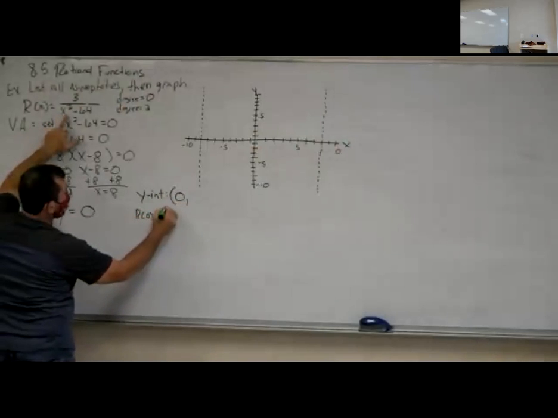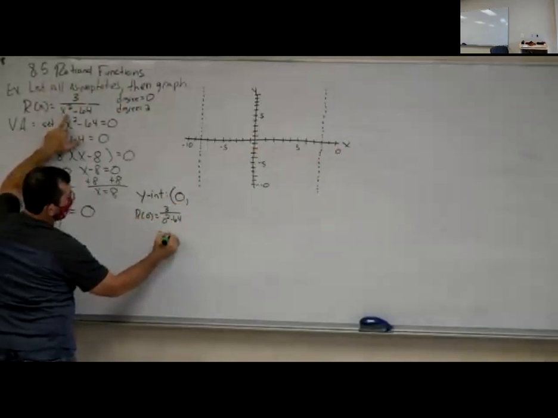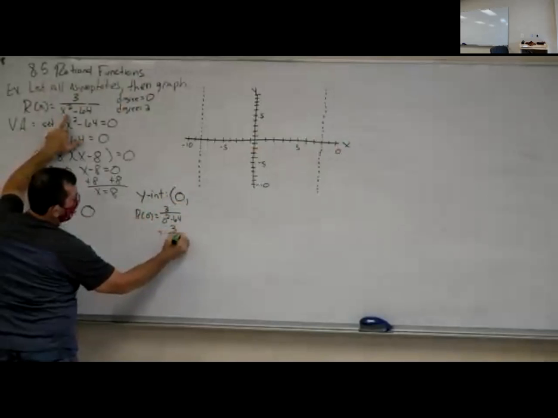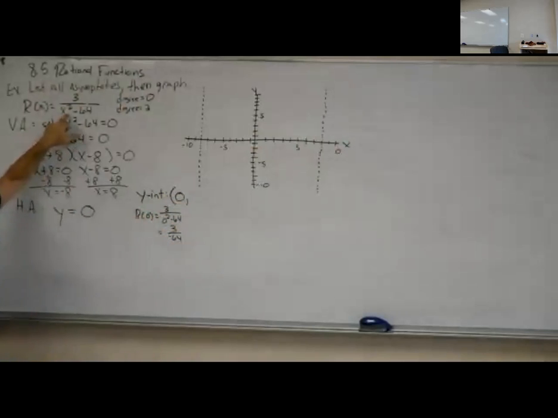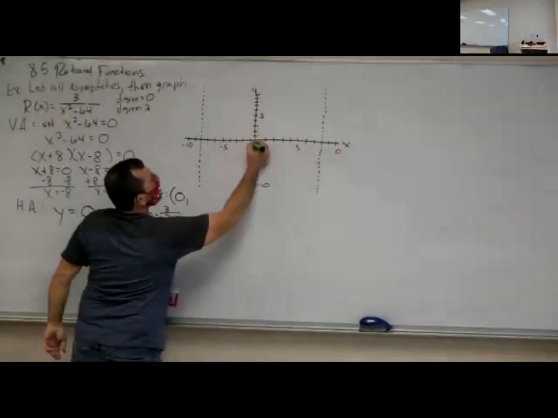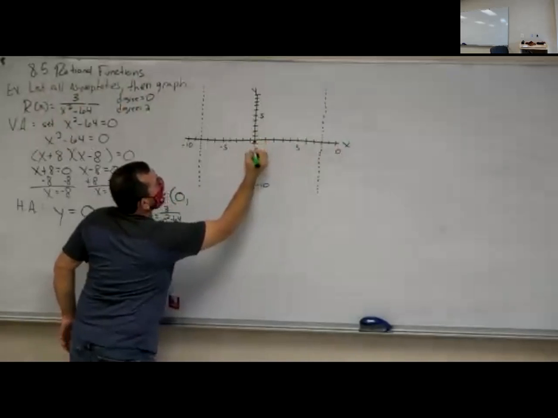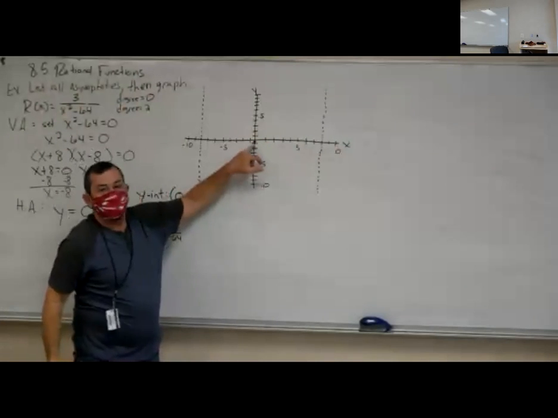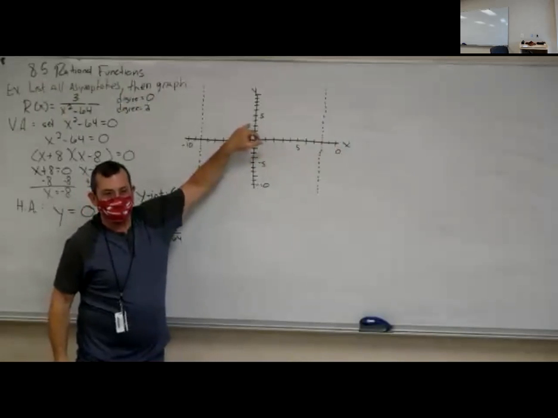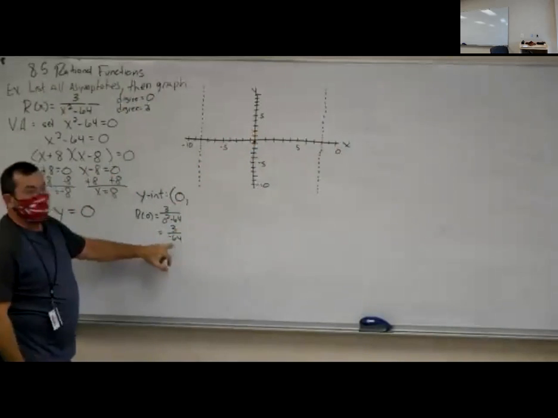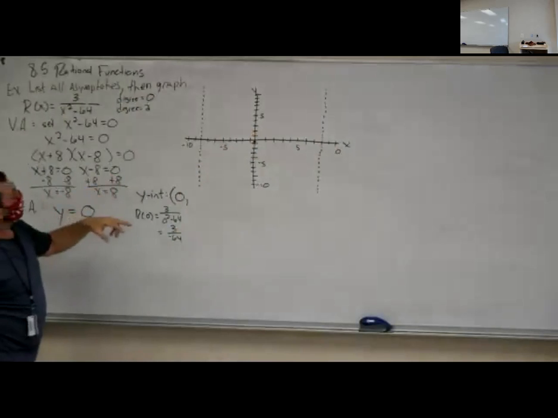That's gonna equal 3 over 0 squared minus 64, which basically is gonna be a 3 over negative 64. That's a really small number, but I needed to know that because I needed to know if it was going to cross on the negative side or the positive side. So that was a negative value.